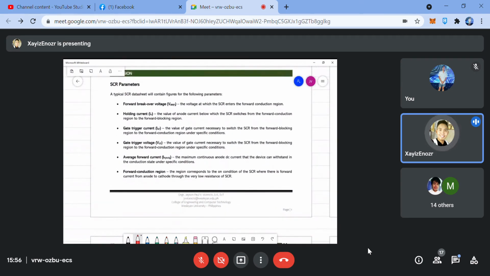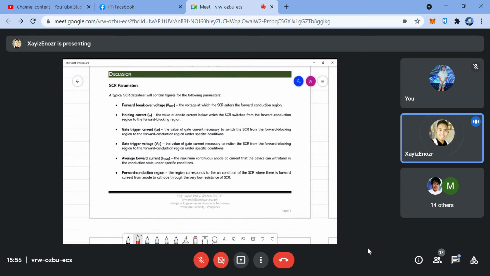So a typical SCR datasheet will contain figures for the following parameters. First, we have the forward breakover voltage. Ano ba yung forward breakover voltage? It is the voltage at which the SCR enters the forward conduction region.